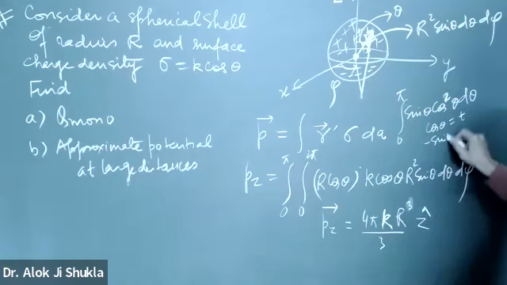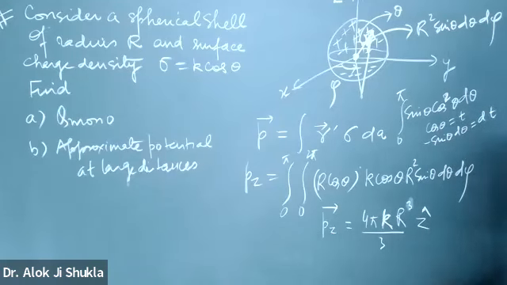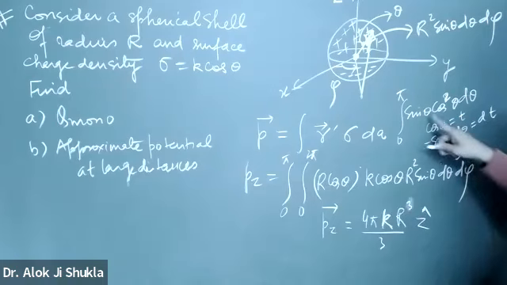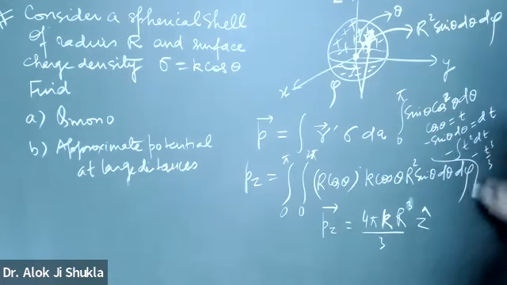So minus sin theta d theta is equal to dt. Correct? So it will become integral t square dt, which is equal to minus t cube by 3. Put it back, t is equal to cos theta, minus 1 by 3 cos cube theta from 0 to pi.